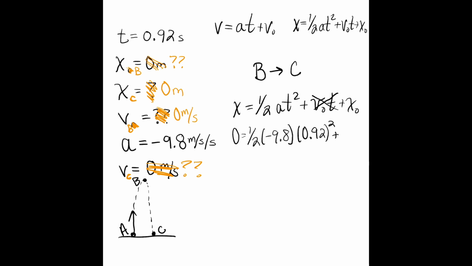So this term goes away because 0 times anything is 0. And then the initial position, or the position at B in this case, is what we're solving for. So we can plug that into our calculator and solve for his maximum height. And I think we get about 4 meters. Okay, calculator said 4 meters.